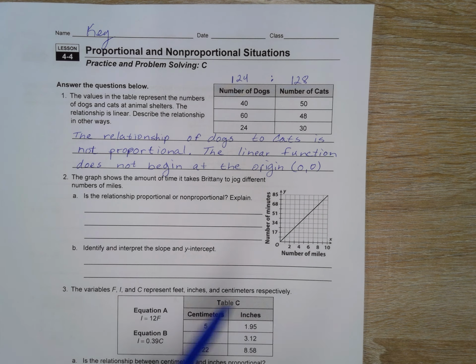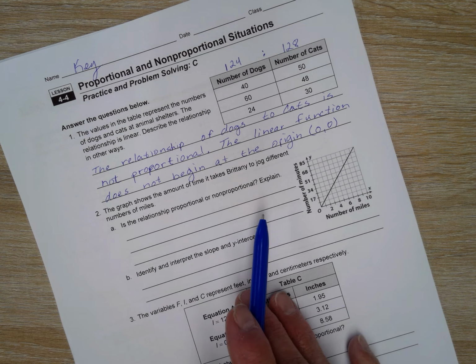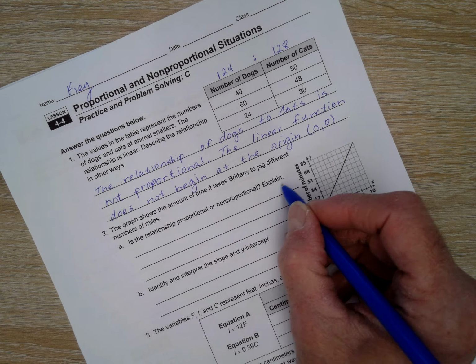The first question is A, is the relationship proportional or non-proportional? Explain.